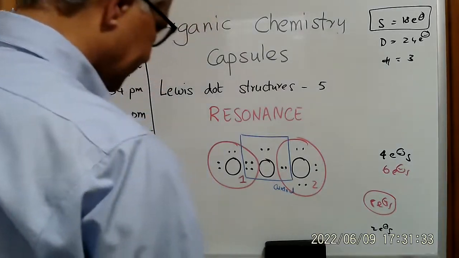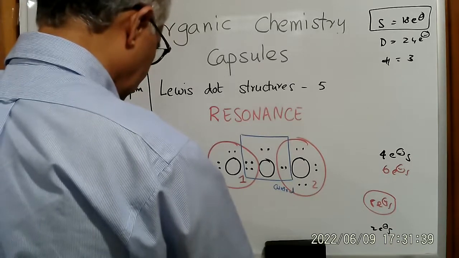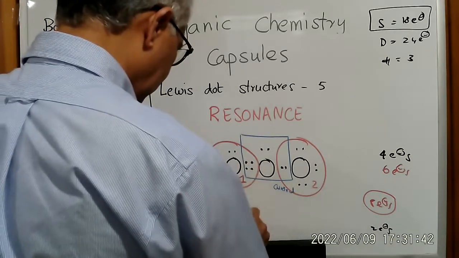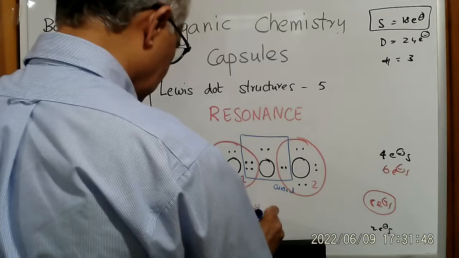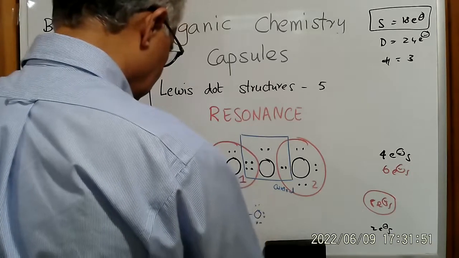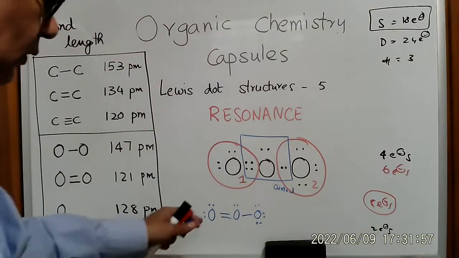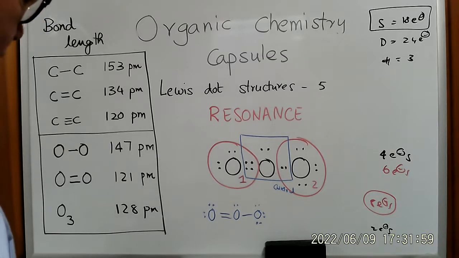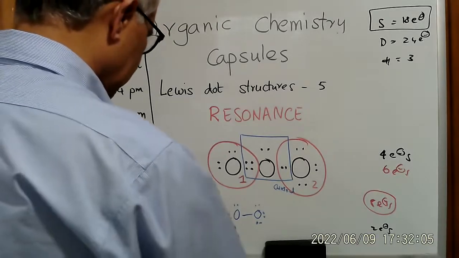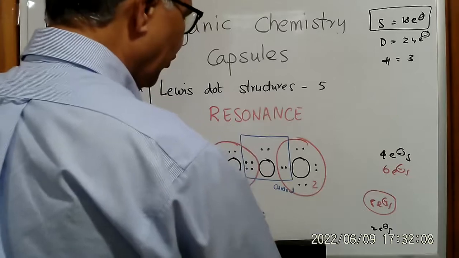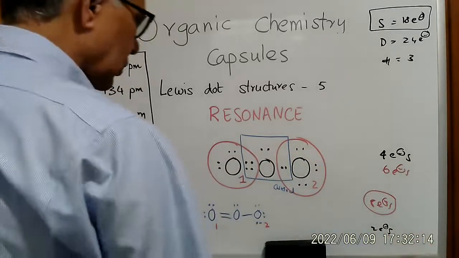Now we translate this Lewis dot into the more familiar form: oxygen, a double bond there, and a single bond there, and let's put the lone pairs on. Okay, so you got the structure. Now, we will still use those 1s and 2s on the oxygens. This is just to differentiate. It's the same oxygen atom, right? Just differentiating between the left one, the right one and the central one.